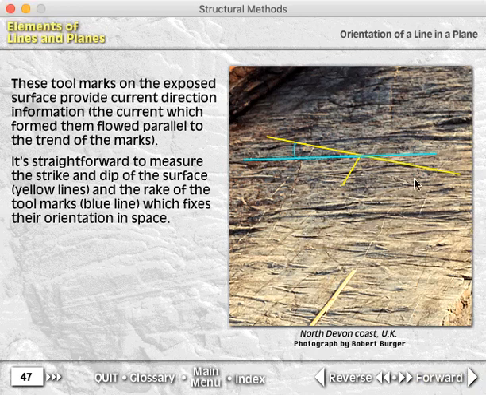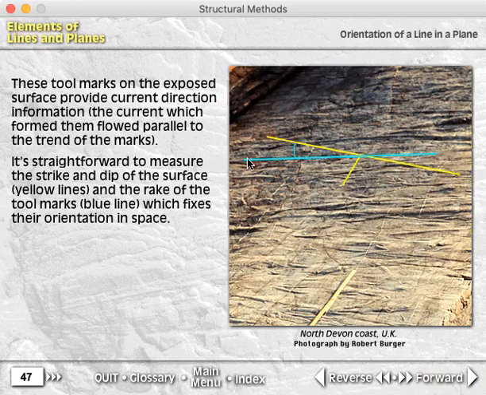So this bed, which was originally horizontal, has been tilted at some angle. Therefore, it's coming up, it's no longer horizontal. So now it has a strike because it has a tilting plane that makes an intersection with the Earth's surface. So that's our strike line. And then we have dip direction, degrees to strike. And within that plane, that's been impacted by a structural event, plate tectonics, we can measure the angle of those tool marks.